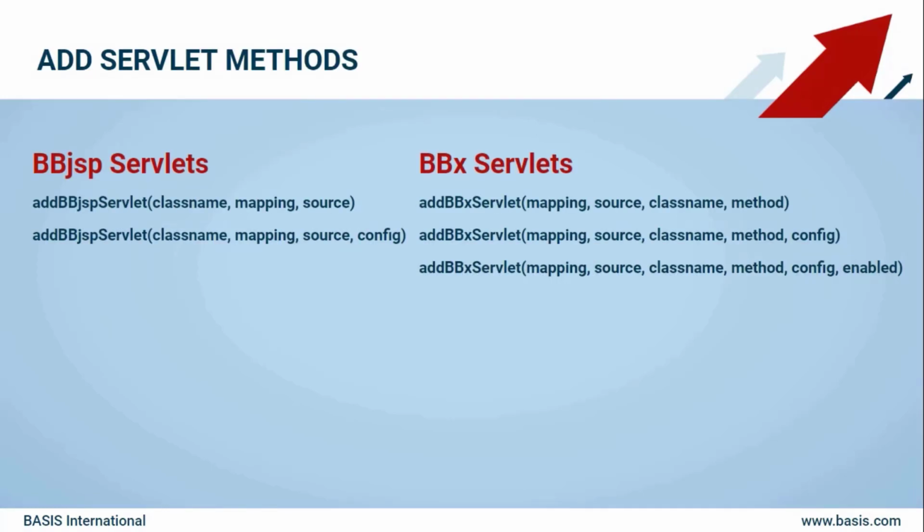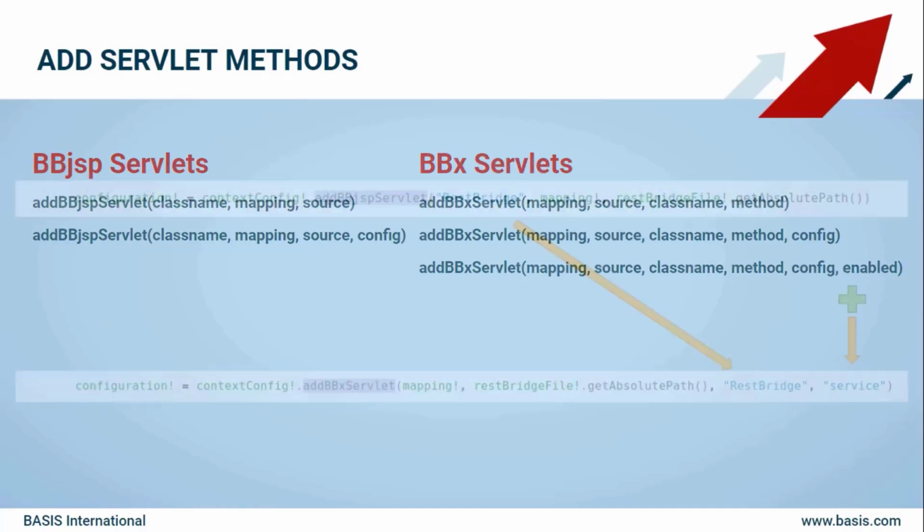If we take a look at the add BBjspServlet and add BBxServlet methods, you may notice that not only are the number of arguments different, but they also are in a different order. While all add BBjspServlet methods begin with the class name followed by the mapping and source, the add BBxServlet methods all begin with the mapping, then source, then class name. And on top of this, an added method name string is needed for adding a BBxServlet.